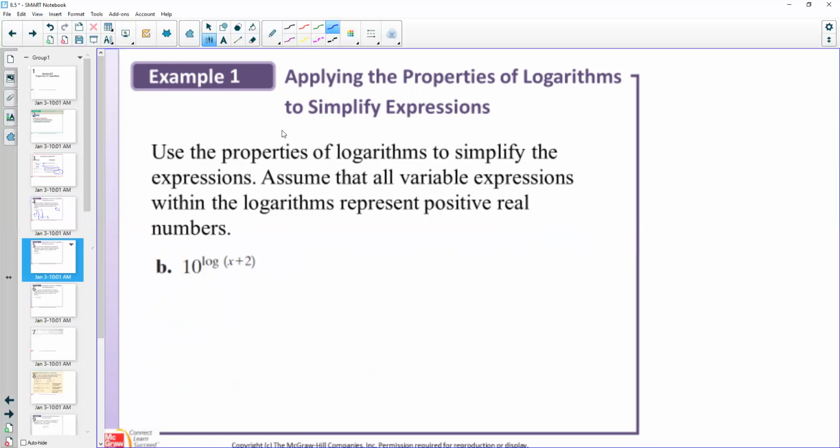This one says 10 to the power of log of x plus 2. Remember, when there's no base on the log, the base of 10 is implied.